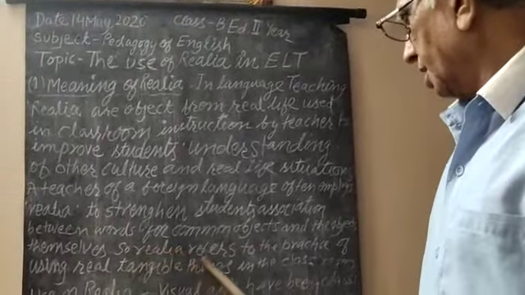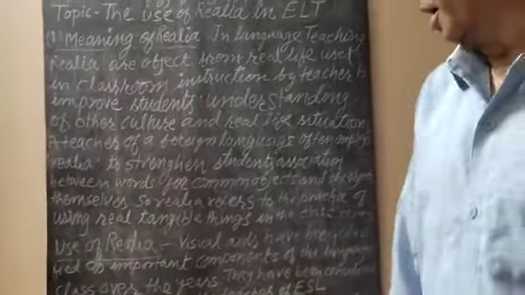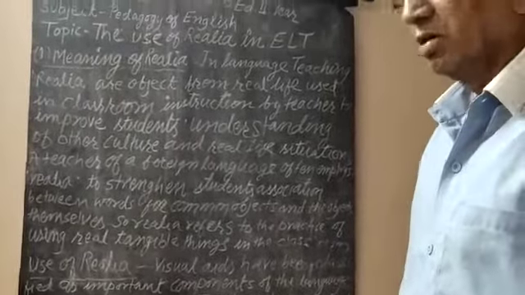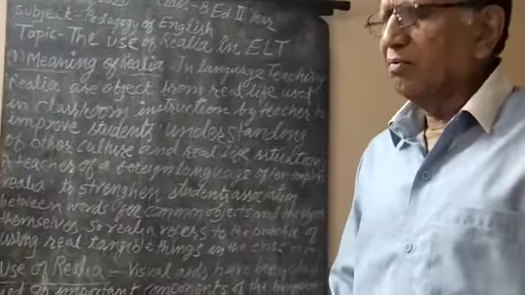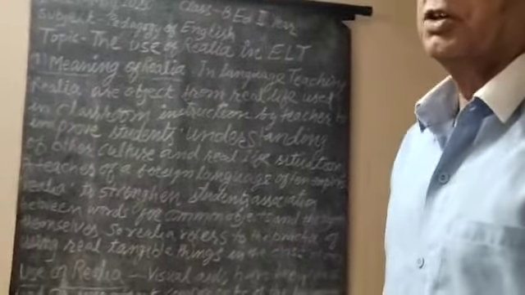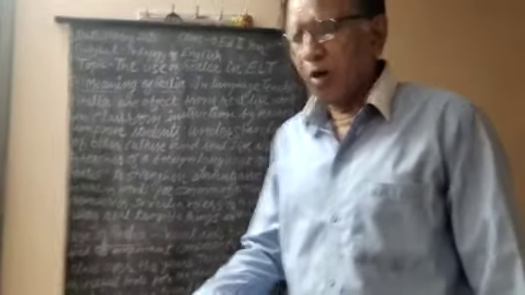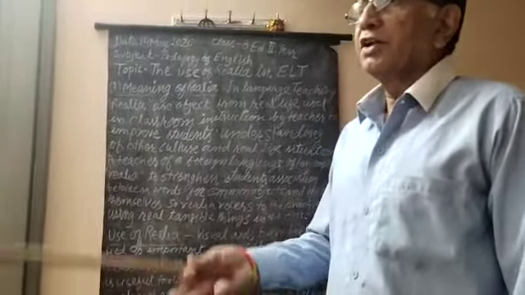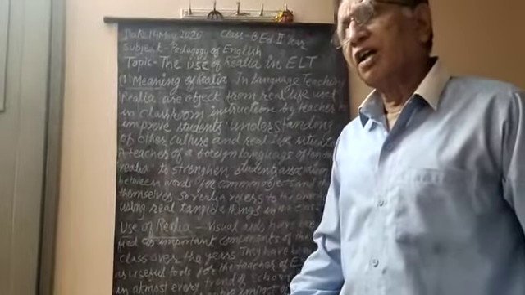Realia refers to the practice of using real, tangible things in the classroom. This is the meaning of Realia. Many things can be used in the classroom. Even a bill of a shop, a ticket of the railway, and the menu of a hotel are all Realia.